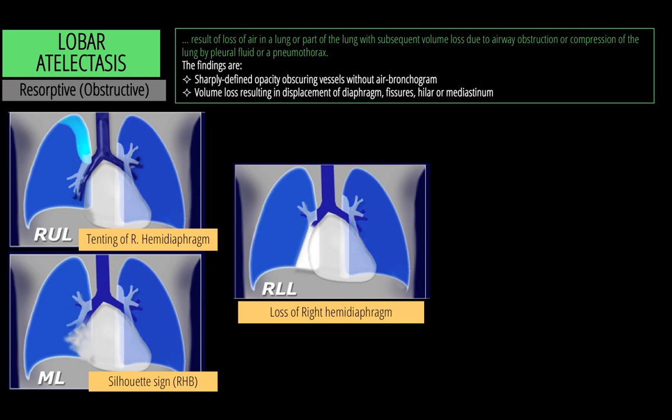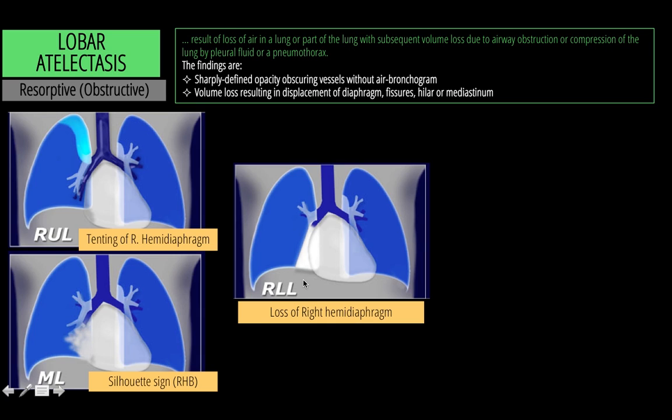So firstly, when we're looking at the right lung, this can be segregated into 3 common lobes and accordingly presentations. With the right upper lobe, you will tend to see a classic tenting of the right hemidiaphragm. With the right middle lobe, we will see a silhouette sign associated with the right heart border, as we have discussed previously in the case of lobar pneumonia.